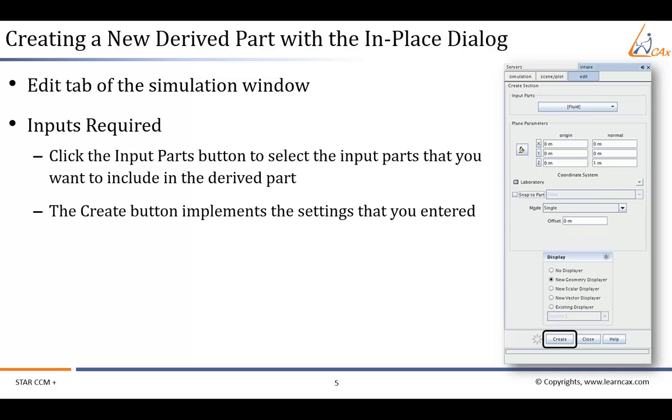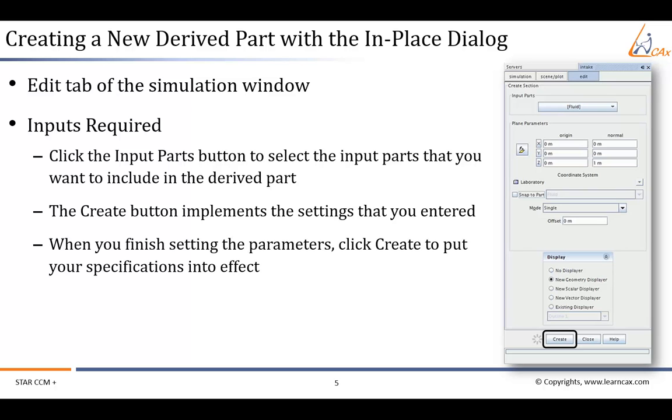The Create button implements the settings that you entered in the rest of the derived part dialog. 4. When you finish setting the parameters, click Create to put your specifications into effect and to add the part to the simulation tree. 5. Then, click Close.